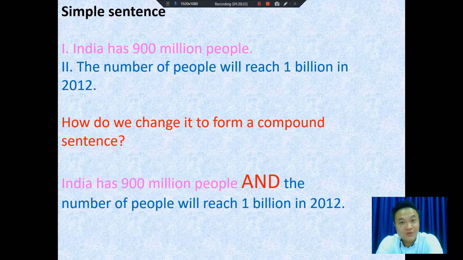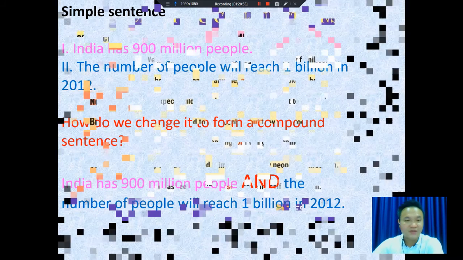So this is quite simple, right? You just add on the conjunction. And remember, the conjunction that you use must be one of the 7 FANBOYS, okay? So this is how we write a compound sentence.